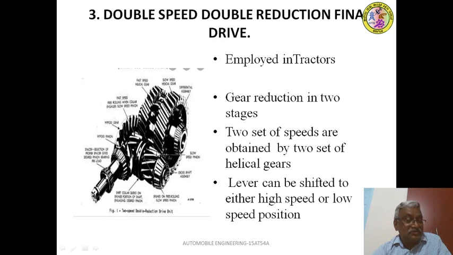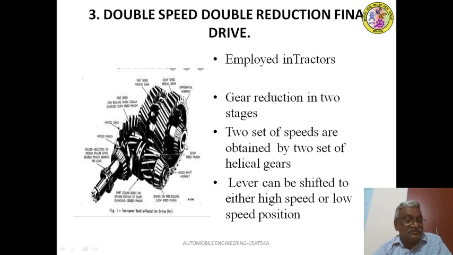And then these two helical pinions are in mesh with two sets of helical gears. These two helical gears are mounted on the differential cage. Half shafts are extended on either side of this differential cage.